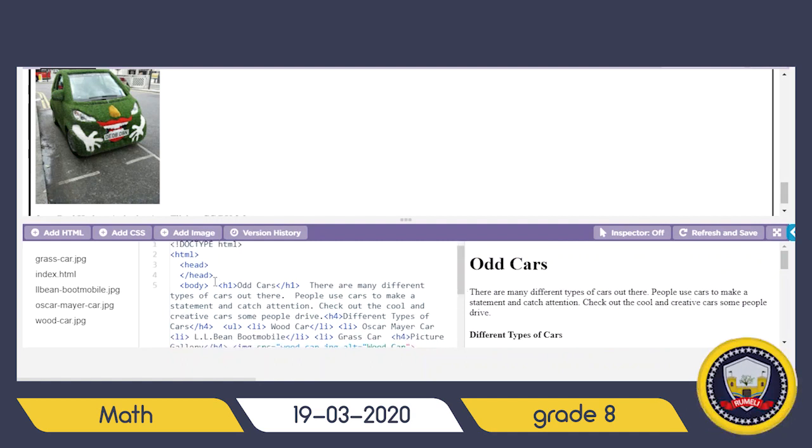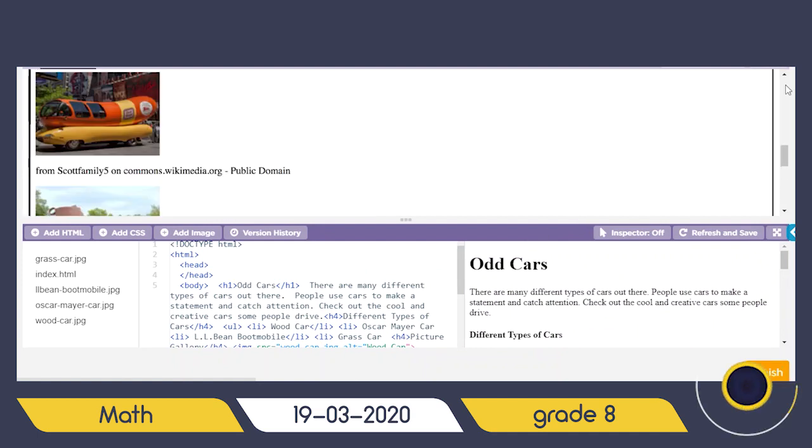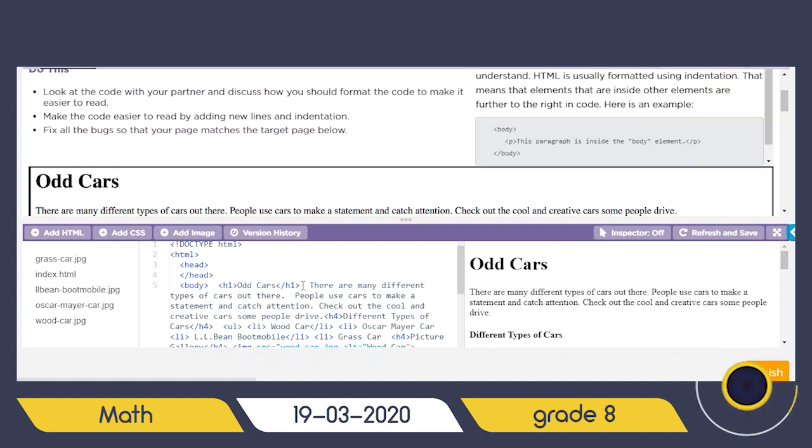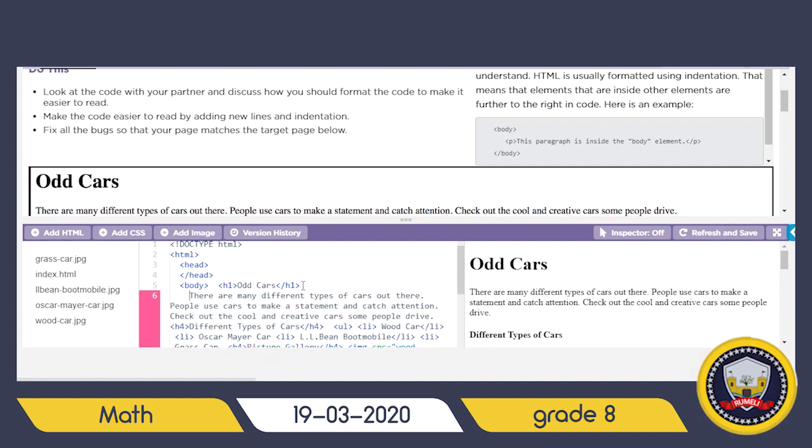The header is what? Odd cars. You come over here, you scroll, odd cars. The heading is correct, H1. Good. So what do? Indentation. Okay. Click on this space, click enter.